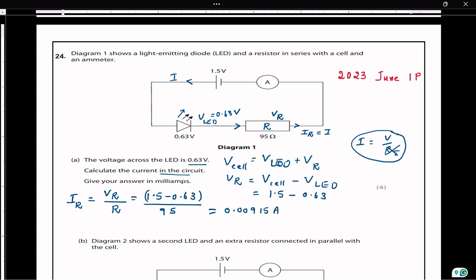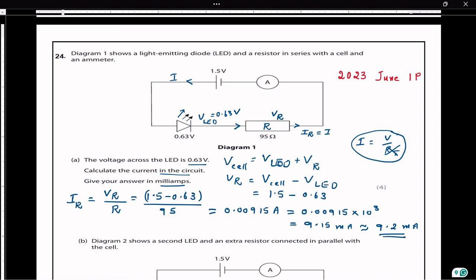But they want the answer in milliamps. So to convert this number to milliamps, we have to multiply with 1000, that is 10 to the power of 3. On calculation, it is giving an answer of 9.15 milliamps, which is approximately 9.2 milliamps.